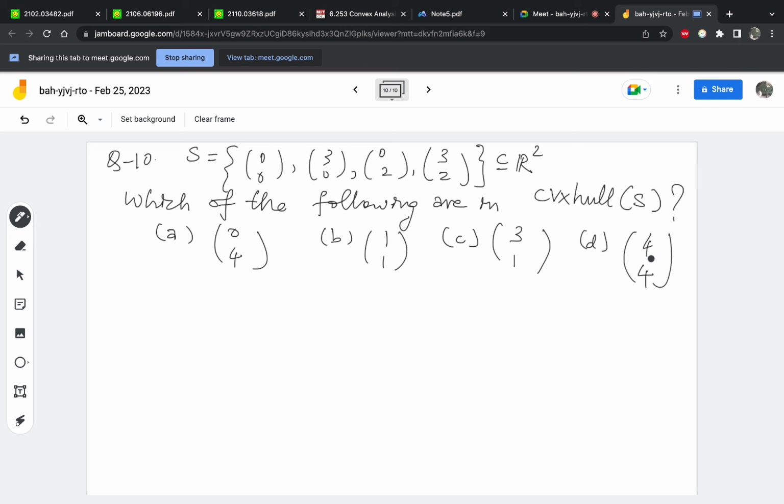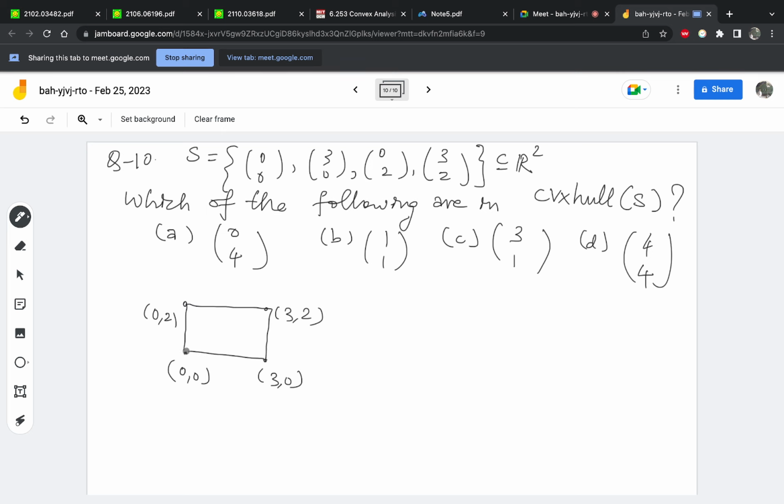What do people think? Let's just think geometrically. What does it mean? We have (0, 0), (3, 0), (0, 2), (3, 2).